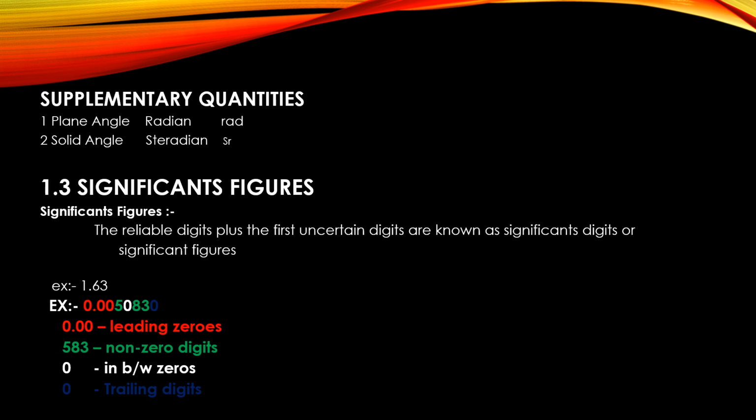Then the 0 between 5 and 8, the in-between zero, is significant because it is between non-zero digits. The last 0, the trailing zero after the decimal, is also significant because it shows accuracy. So in 0.0050830, the significant digits are 50830. Total 5 significant figures are there.